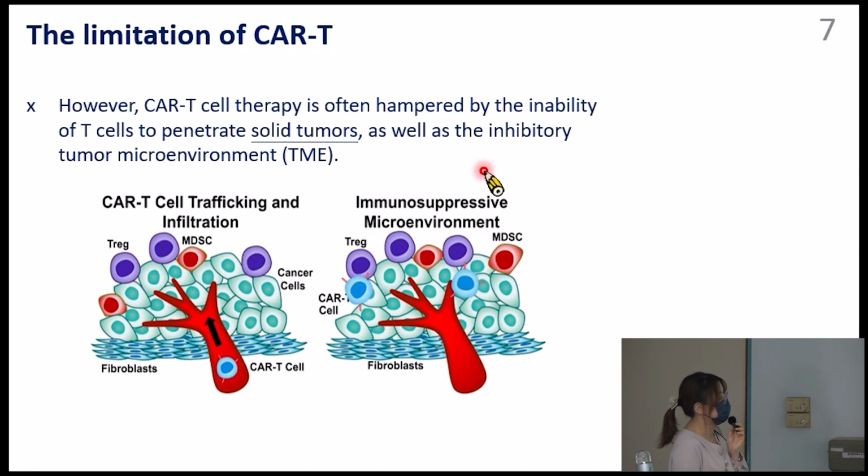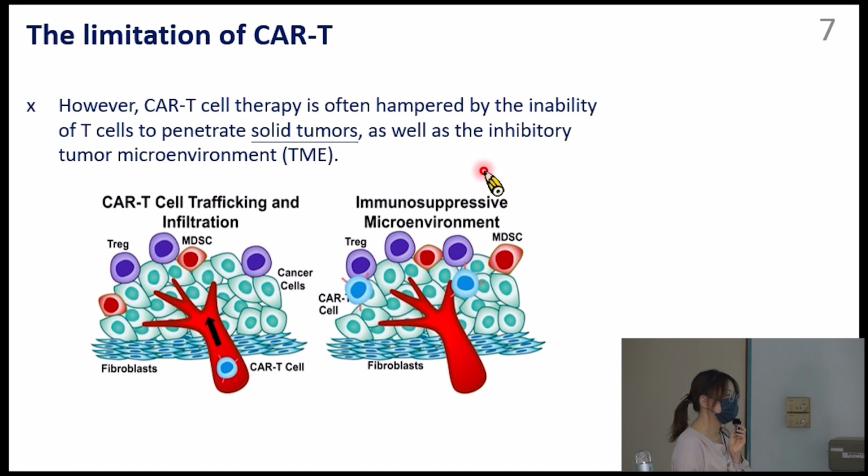So it sounds like a very great method for killing tumor cells, but CAR T still has some limitations. As I mentioned, the currently FDA-approved CAR T therapies are for lymphoma, leukemia, and melanoma.